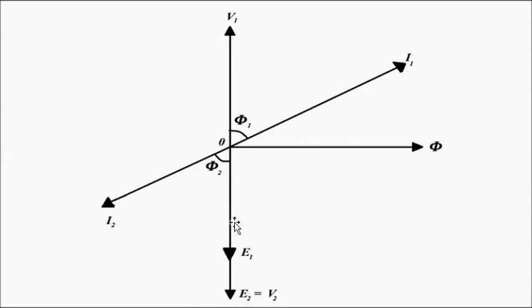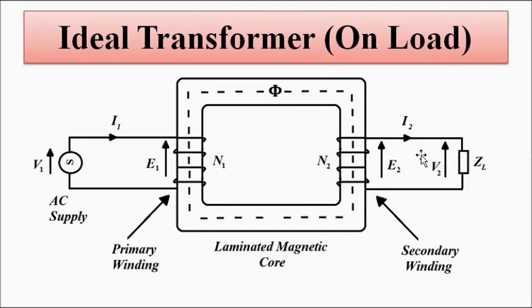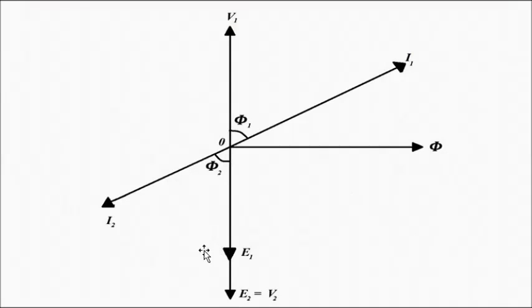They are equal in magnitude, opposite in phase, and E2 is equal to V2 because there is no secondary winding resistance. So this is the phasor diagram for an ideal transformer under load.